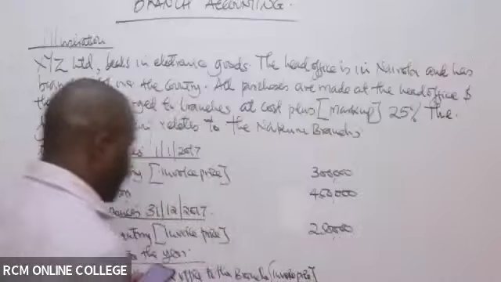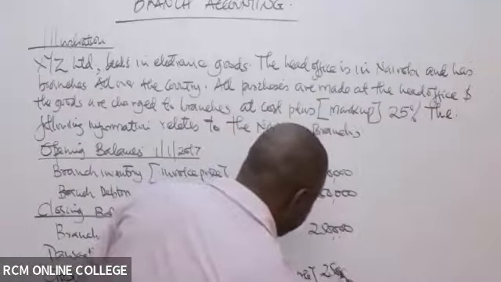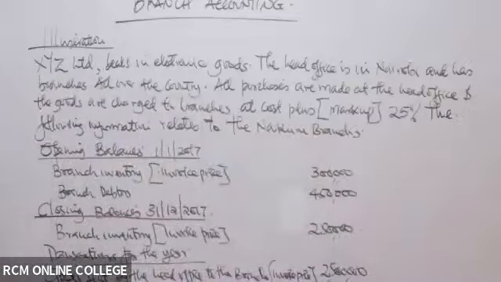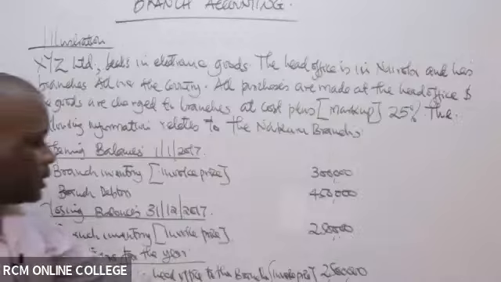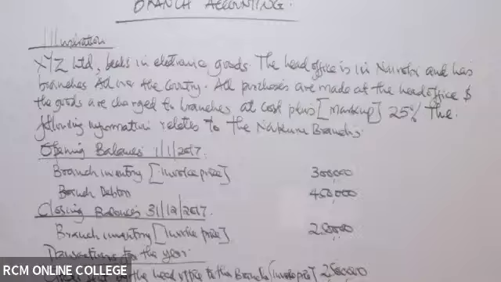The amount is 2.5 million. So the goods sent by the head office to the branch at invoice price is 2.5 million.